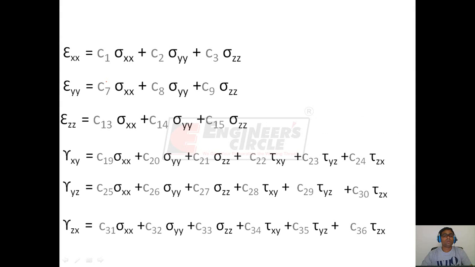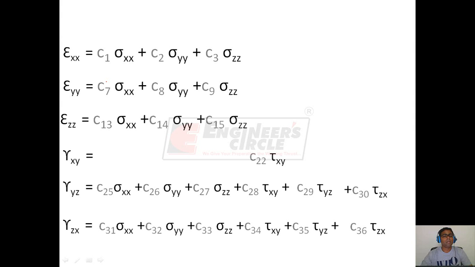Shear strain also will depend only on shear stresses and not on normal stresses for a linearly elastic isotropic material. Therefore, C19, C20 and C21 also become 0. Also, it is found that gamma xy depends only on tau xy and does not depend on tau yz and tau zx for a linearly elastic isotropic model. So, C23 and C24 become 0.